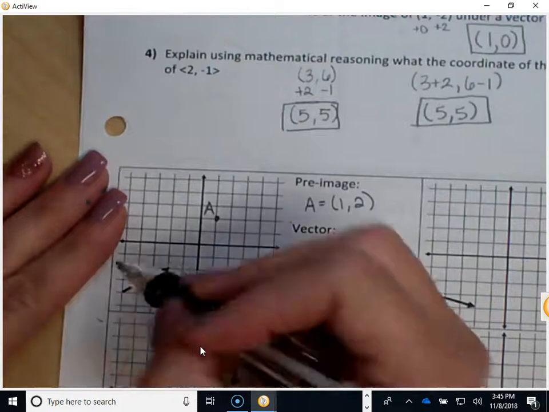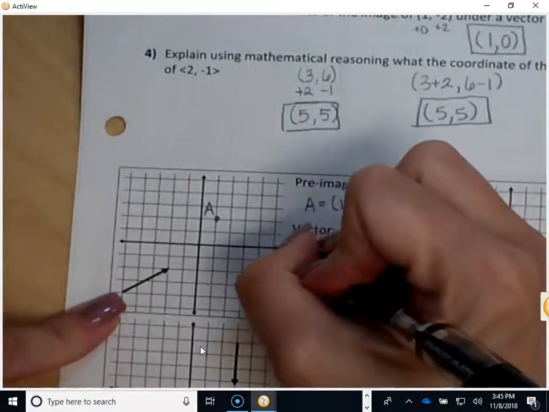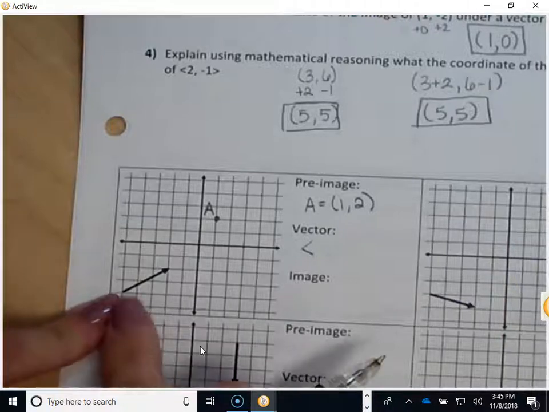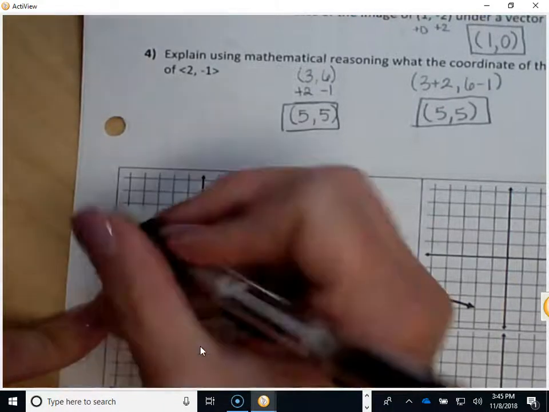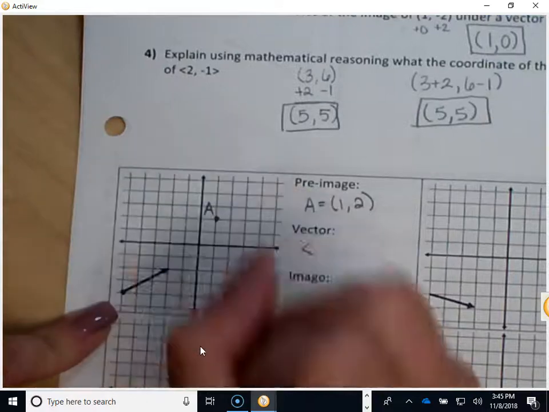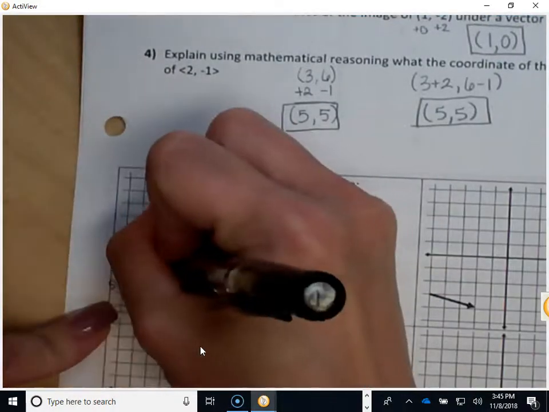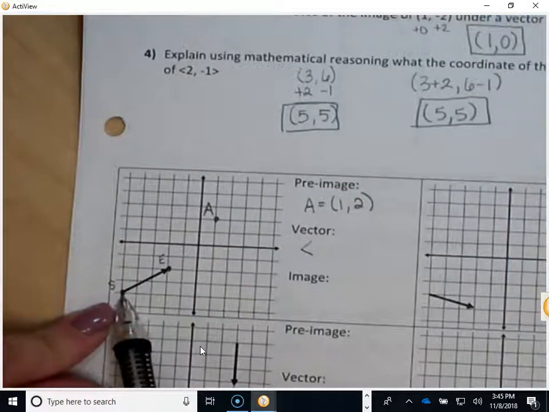So we need to figure out our x-coordinate for our vector, what we're doing to our x-coordinate. We need to see how far we go left or right. Since this would be the starting position of the arrow, this would be the end. If you want to write S and E to show start and end, you're welcome to do that. So if you start here, x-coordinates always show how much we go left or right.